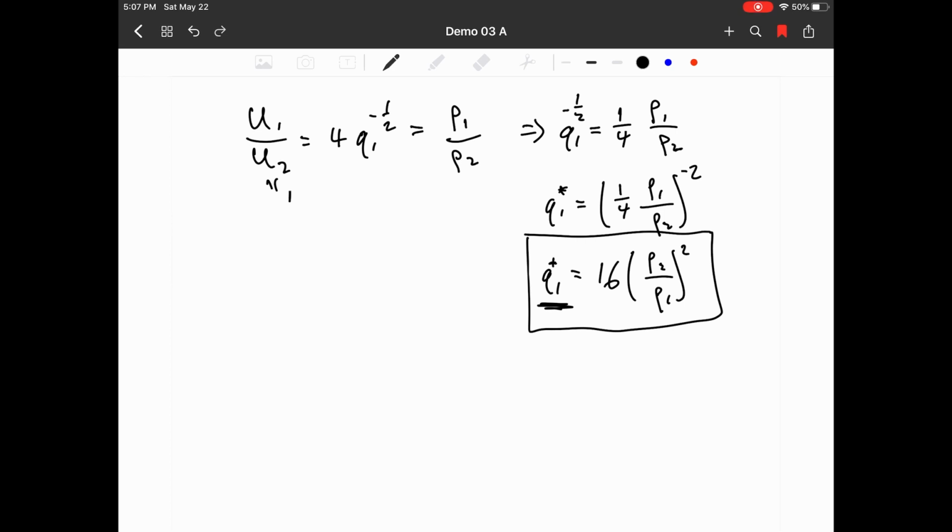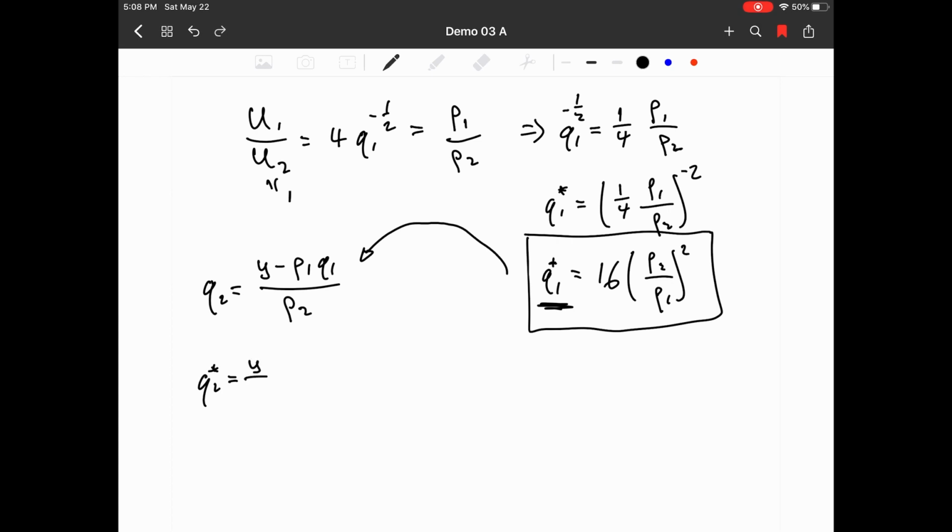So from before, we had that Q2 is equal to y minus P1 Q1 over P2. And what we can do is substitute in our value for Q1 star into this relationship, which then gives us Q2 star.